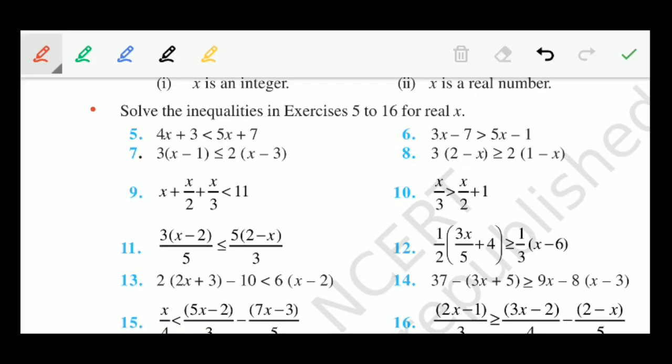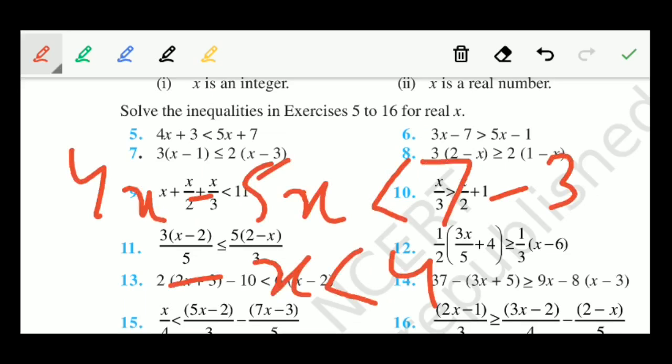What will you do in the very first step, students? You will bring like terms to one side and unlike terms to the other side. Shift 5x to the left hand side and 3 to the right hand side.